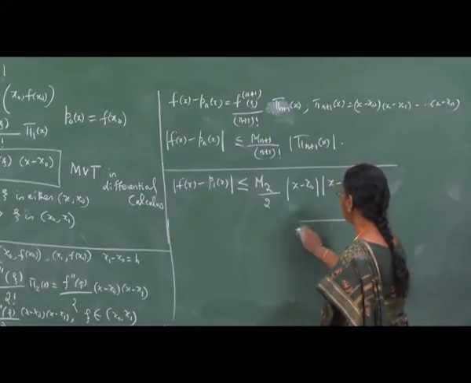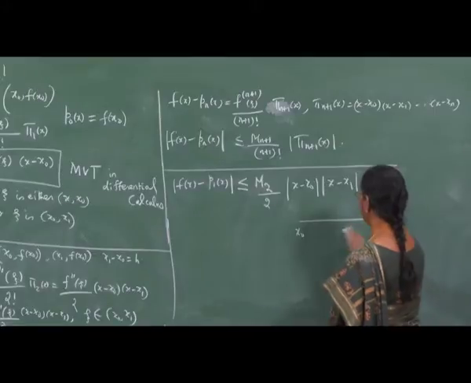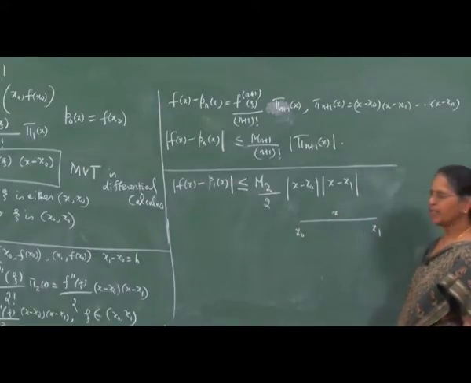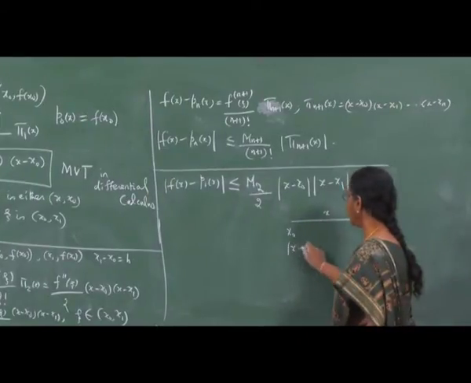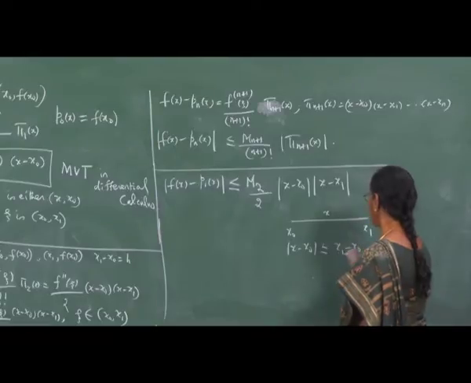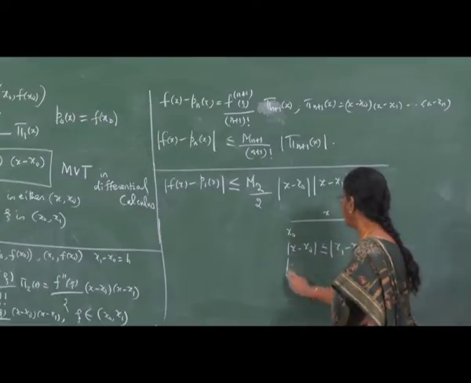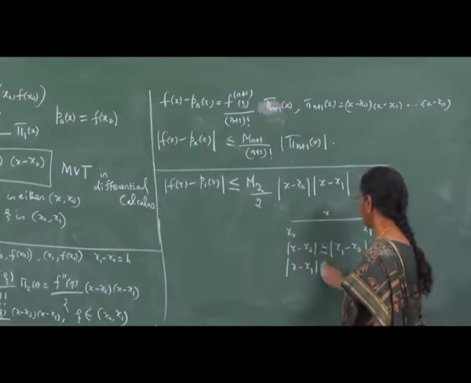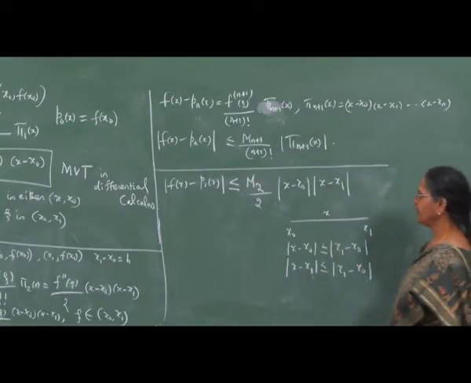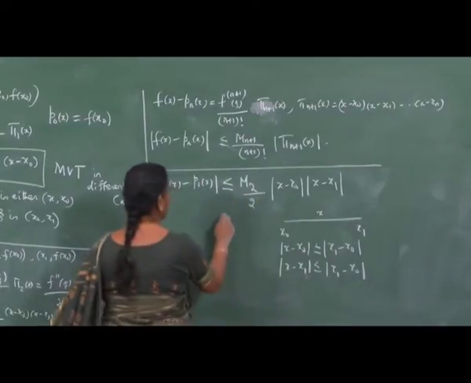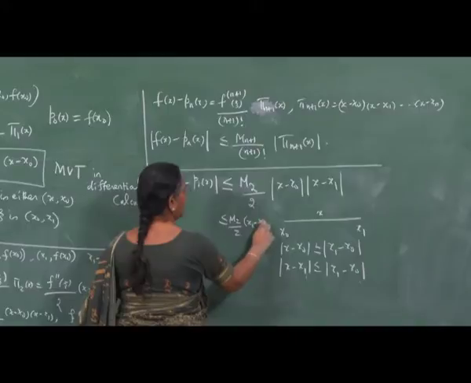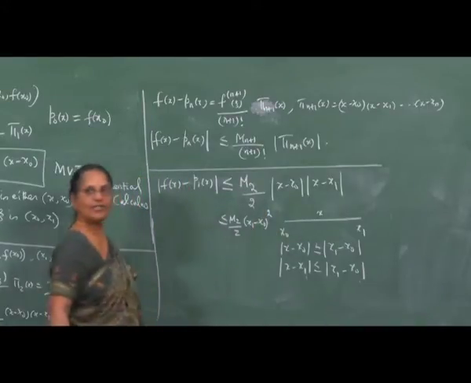I am given information at x naught and x1, x is some point in that interval. So, mod x minus x naught is less than or equal to x1 minus x naught, and mod x minus x1 is less than or equal to mod x1 minus x naught. So, this will be less than or equal to m2 by 2 into x1 minus x naught the whole square.